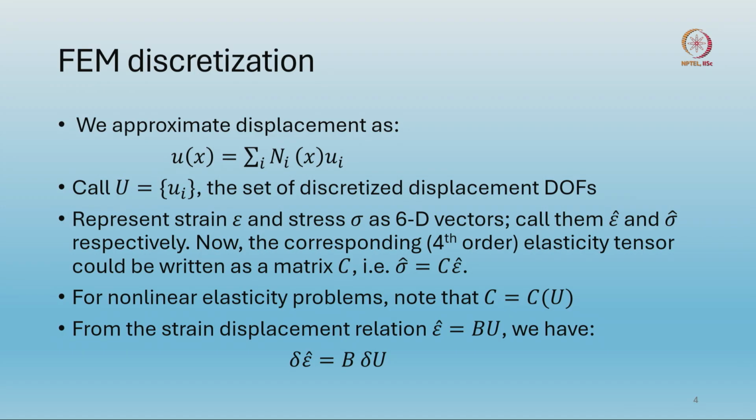The FEM, the finite element method based discretization, is very standard. To be sure, there are many other complicated forms of discretization in finite elements, but we are not bothered about that.